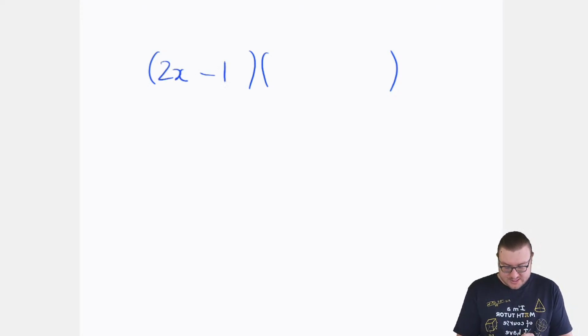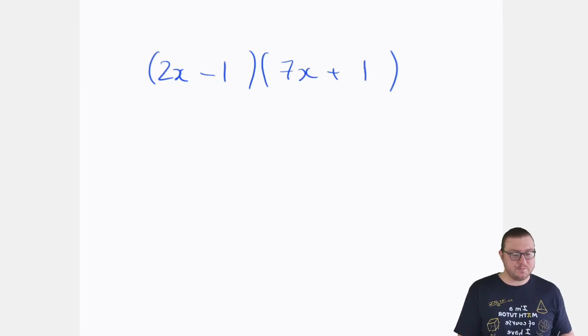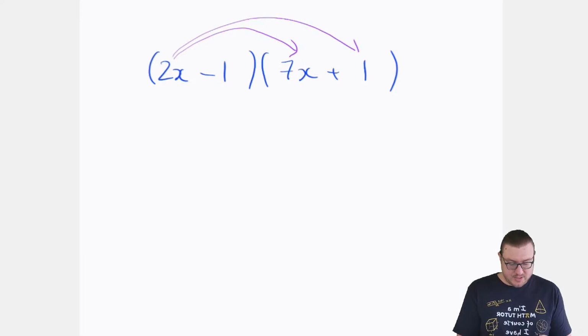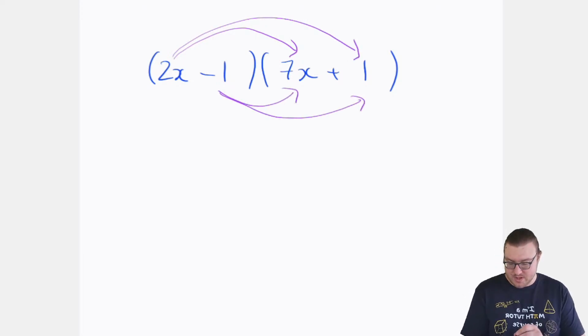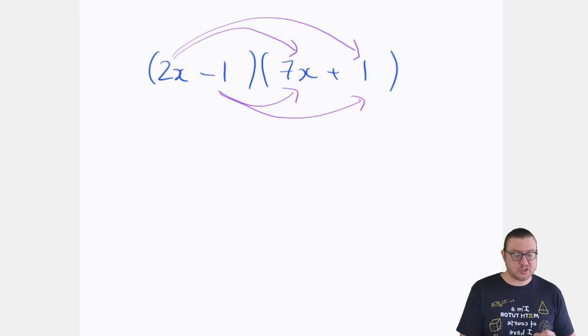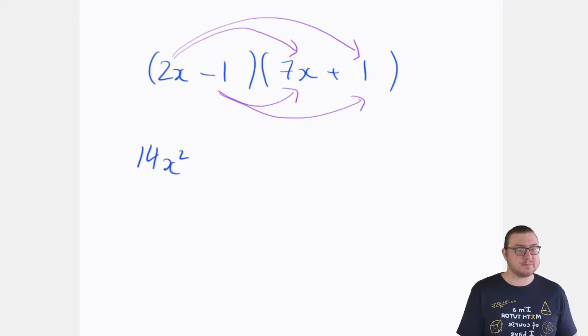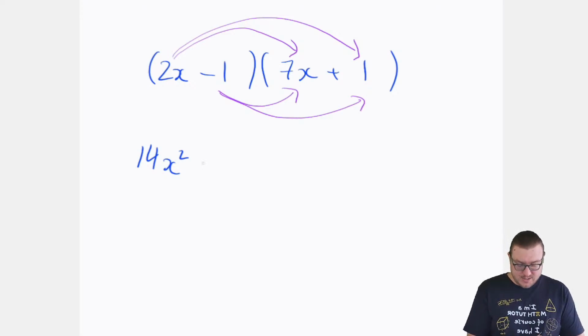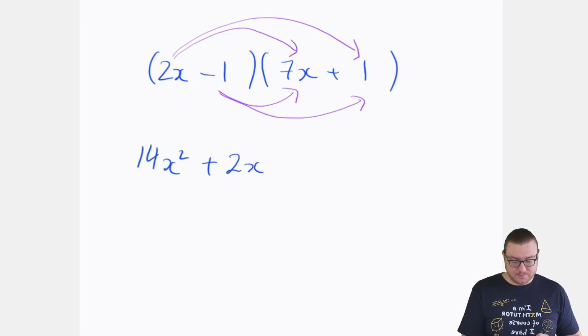Let's expand 2x minus 1 and 7x plus 1. Here we want to connect each term in the brackets with each other term in the brackets. So we're going to end up with 2x times 7x. Numbers first will be 14. x times x is your x squared. Then we're looking at 2x times 1, which is just 2x.